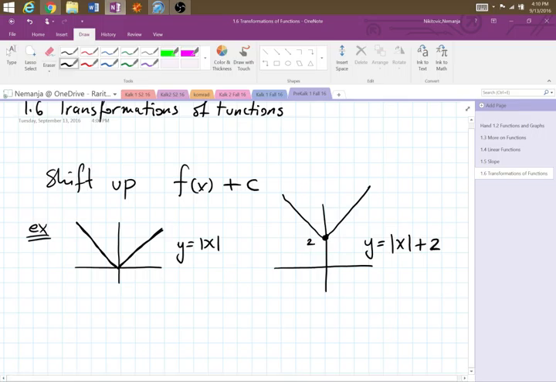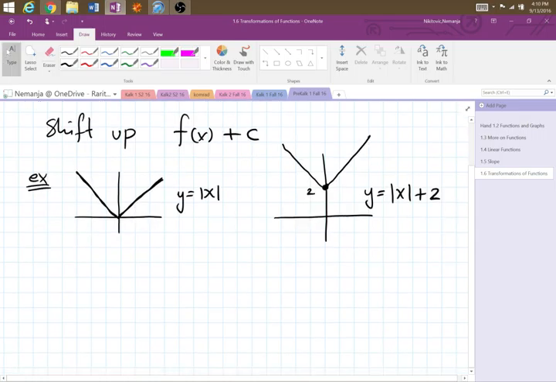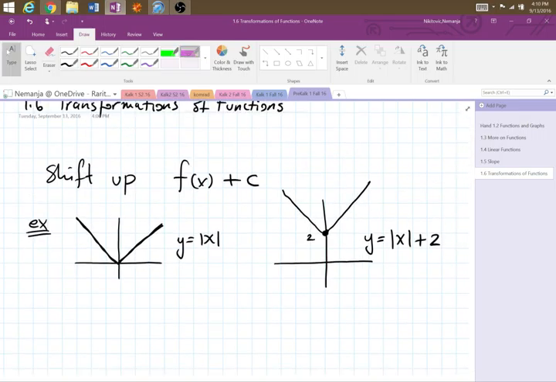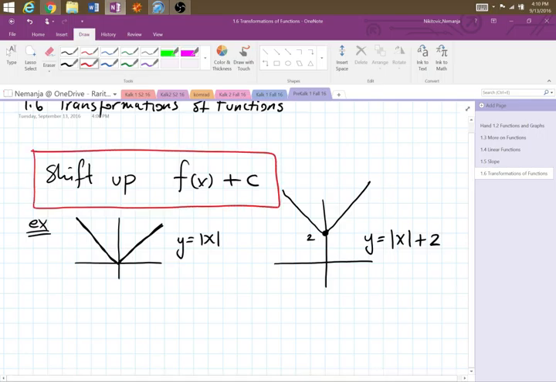Observe that the 2 was added to the entire absolute x function. I'm just going to box every time we put a concept.